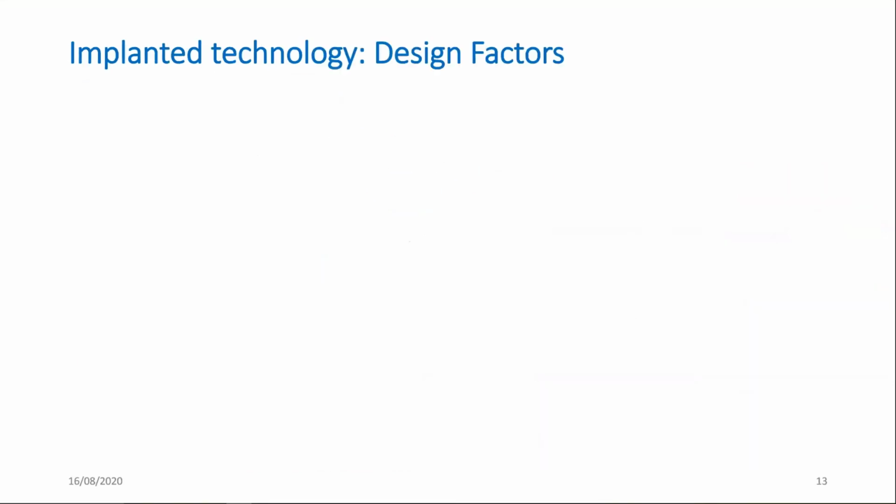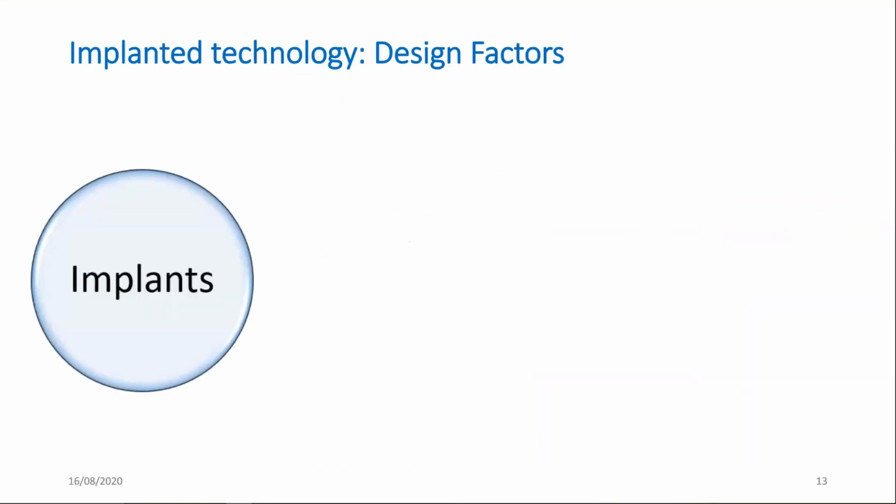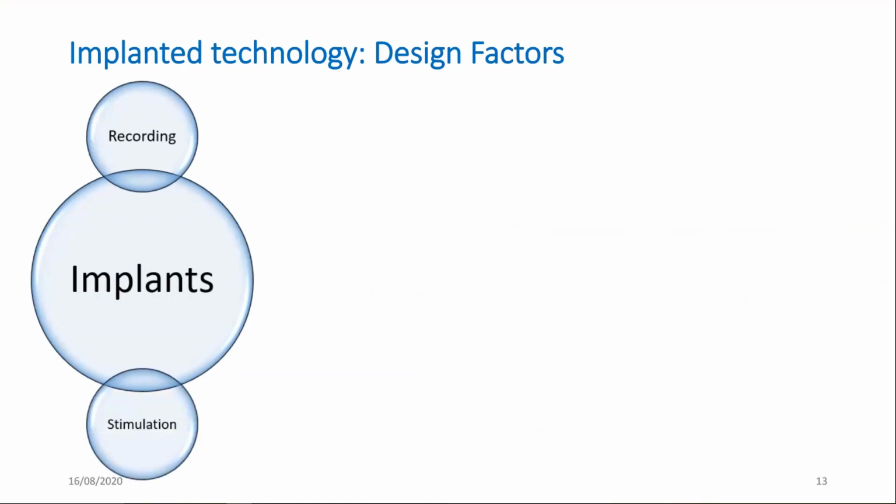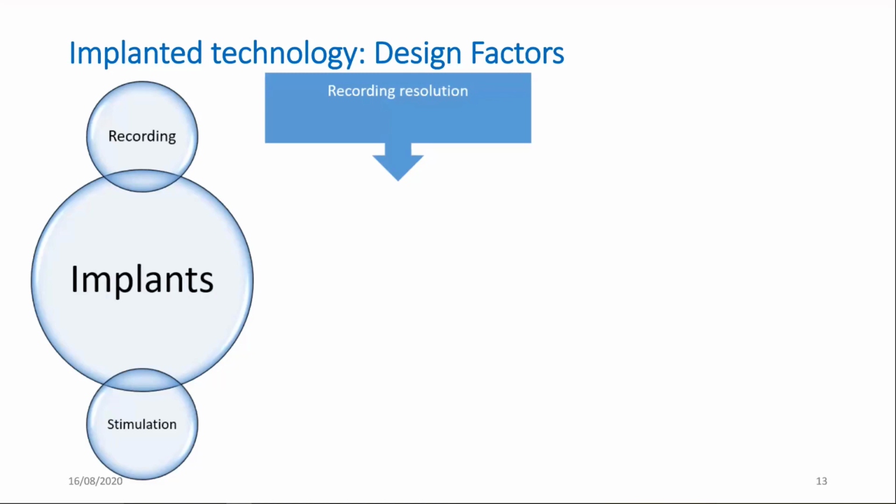Now, when it comes to implanted technology in particular, we can do two different kinds of things. We can do recording that I have just shown, or we do stimulation. When it comes to recording, it actually encompasses a lot of design factors. It depends on the resolution, like how you are going to design your electrodes.